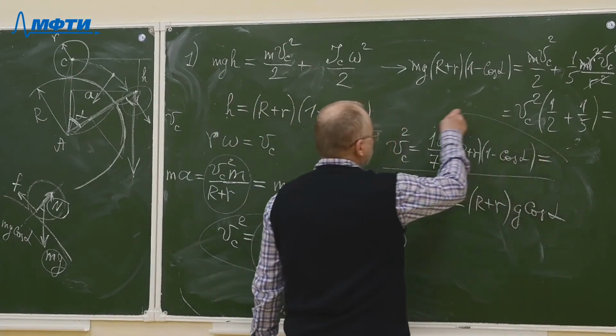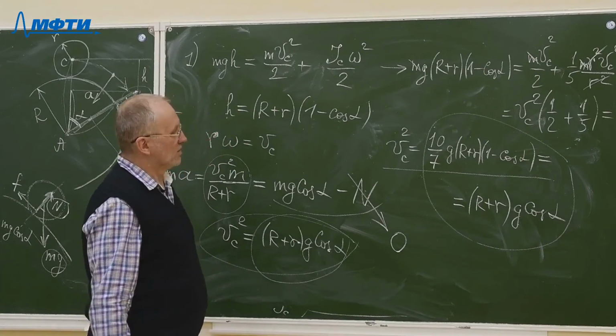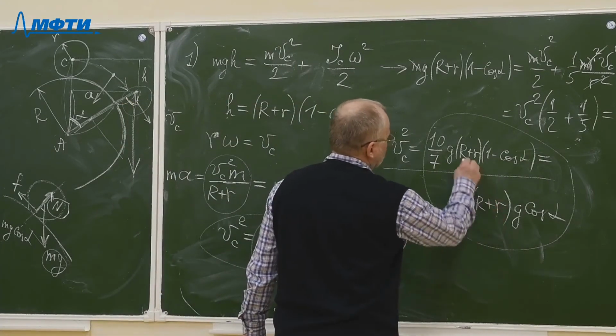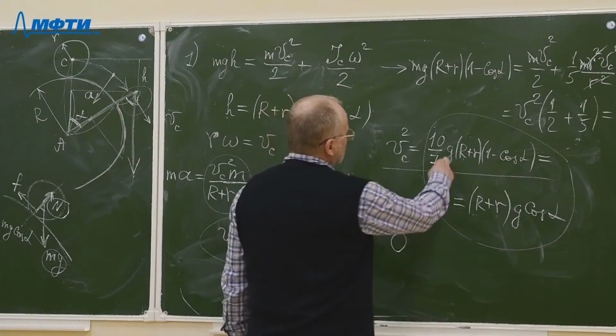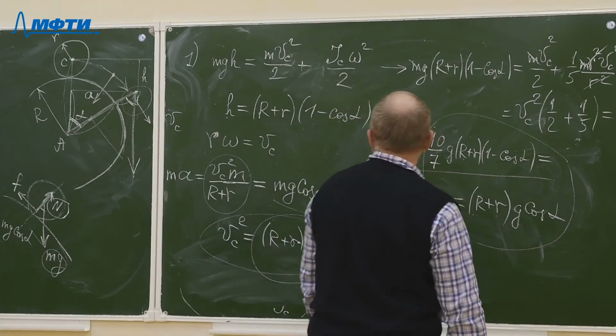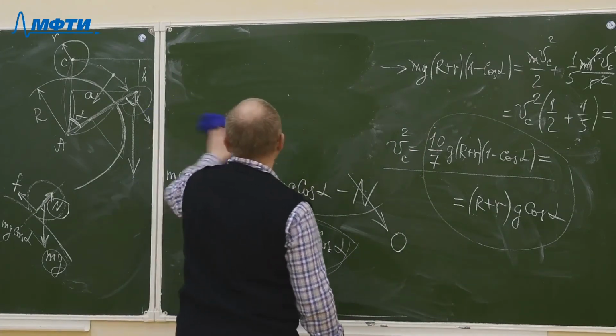So we take now this equation to find cosine alpha. R plus r will cancel, and g will also cancel, and what remains here is very simple.